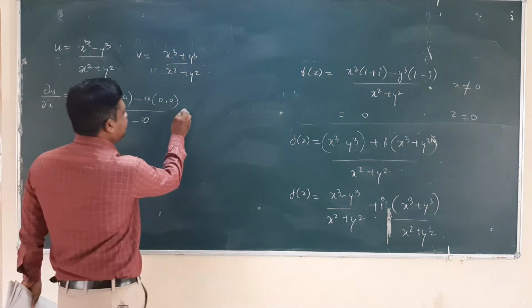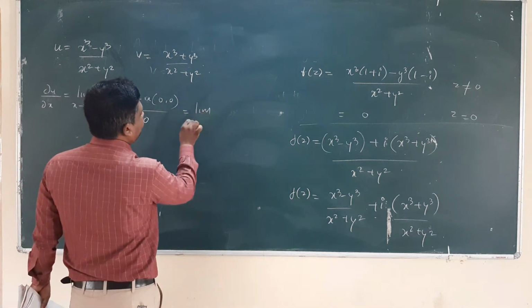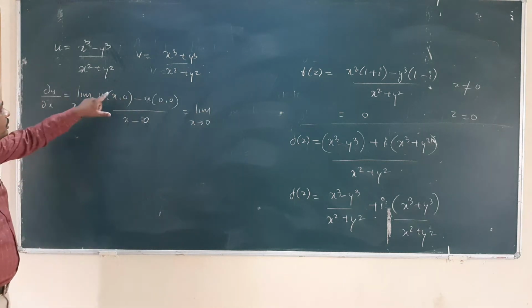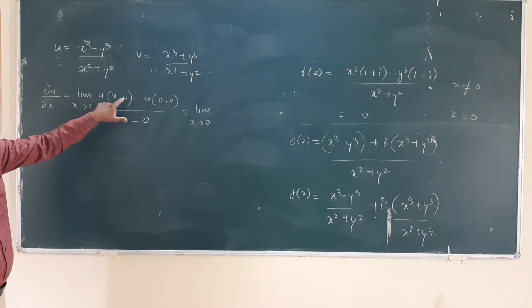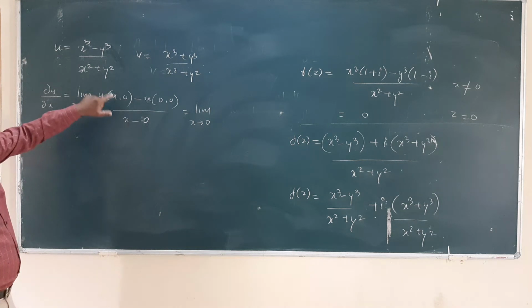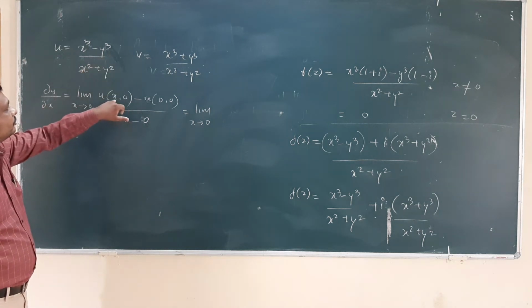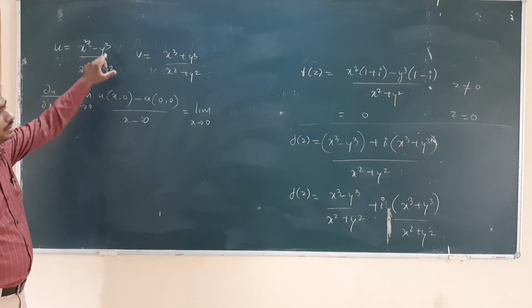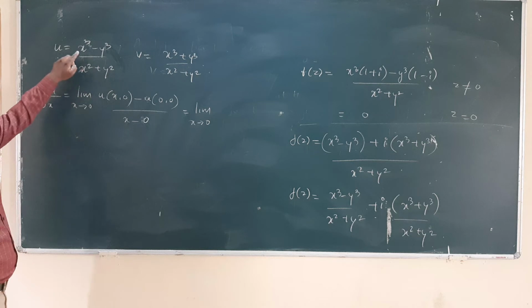So this implies limit of x tends to 0. This is the x position and this is the y position. Here I will put x in terms of x and y as 0. So the remaining is x cube upon x square.